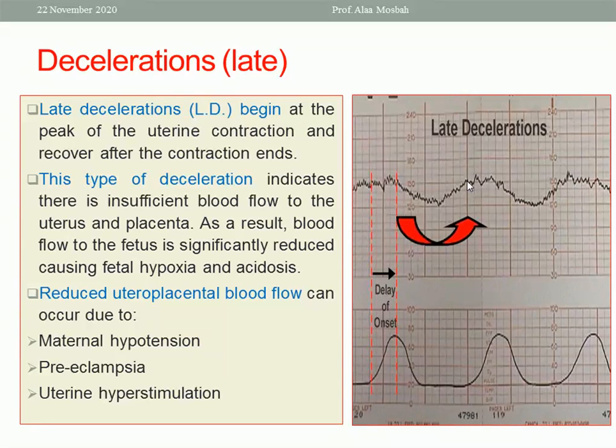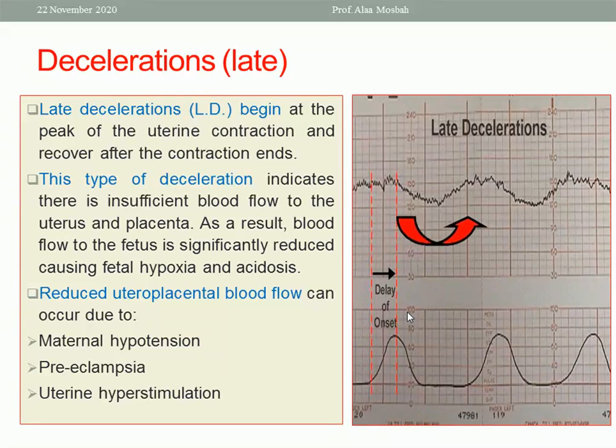So you should differentiate it from early deceleration. Early deceleration starts with the start of the uterine contraction and ends by the end of it. But late deceleration starts with the peak of the uterine contraction and ends after the complete end of the contraction. This type of deceleration indicates insufficient blood flow to the uterus and the placenta.